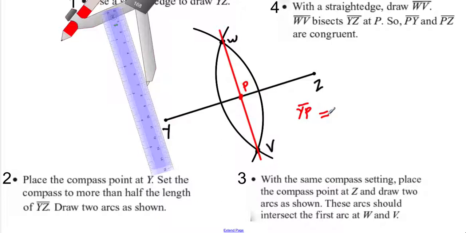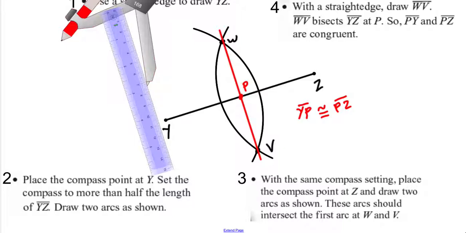This is the symbol of congruency, an equal sign with a squiggly line on top. So segment YP is equal in measure to segment PZ, and we have just bisected our line segment. If you don't get this, pause it and do it again.